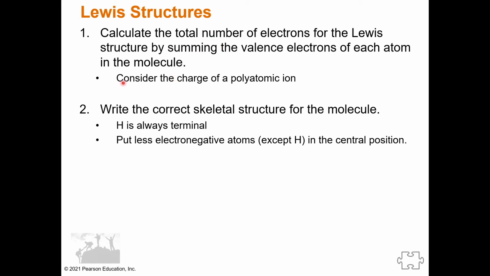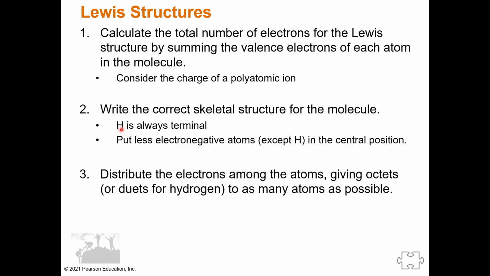Once you have that, then you can move on to the next step, which is drawing the skeletal structure. The least electronegative atom needs to be the central atom. You're not going to consider hydrogen. It's always going to be a terminal atom because it won't require a complete octet, just a complete duet. Once you have that skeletal structure, then you can distribute the electrons.